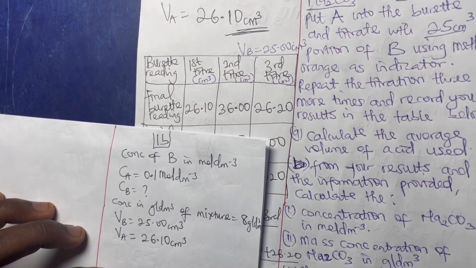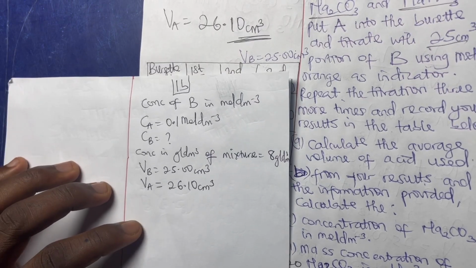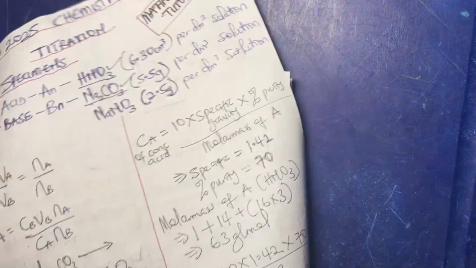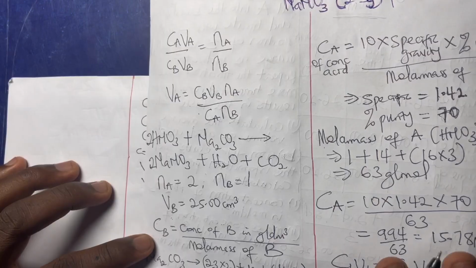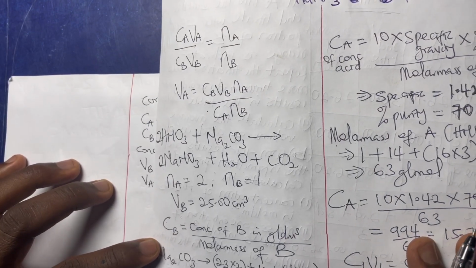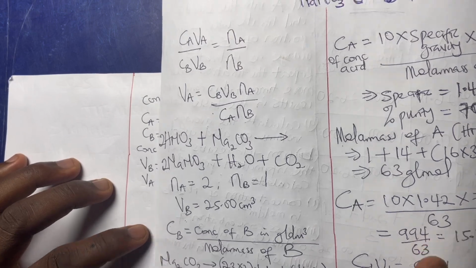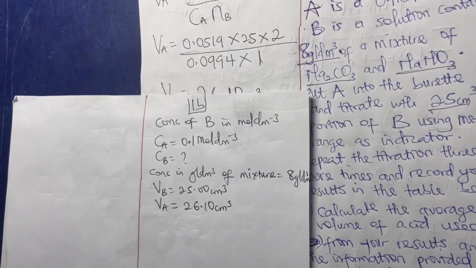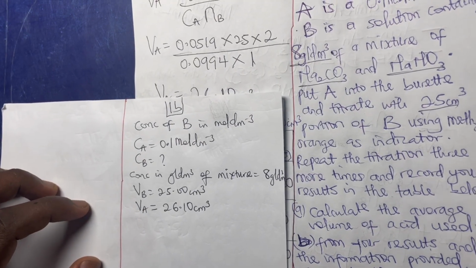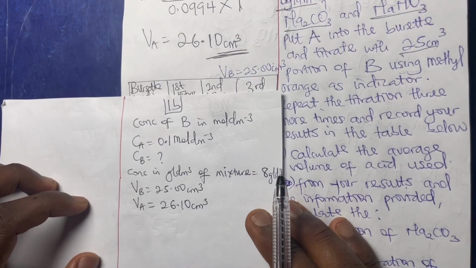All right. Now for my Na and Nb, let me check the equation of the reaction. From here, the equation of the reaction, I think is here. As you can see, my Na is 1, my Na is 2, and my Nb is 1.